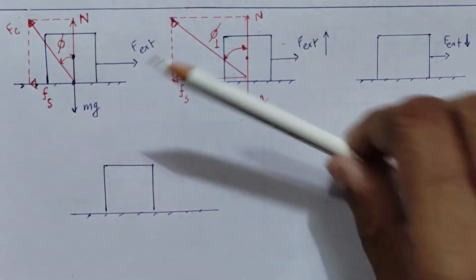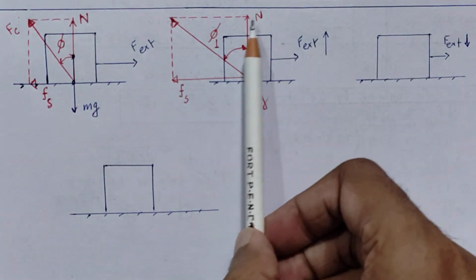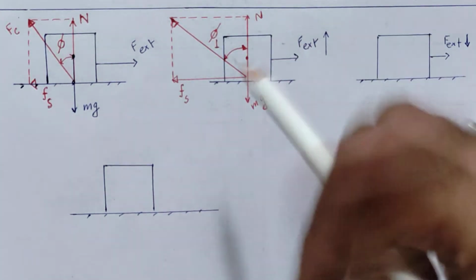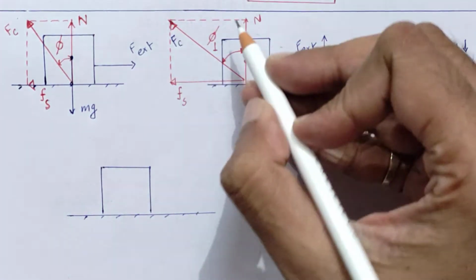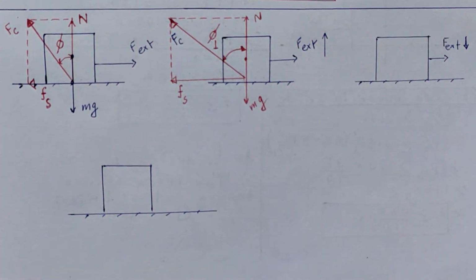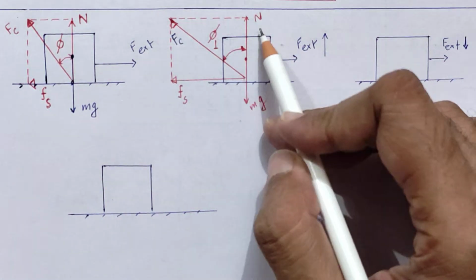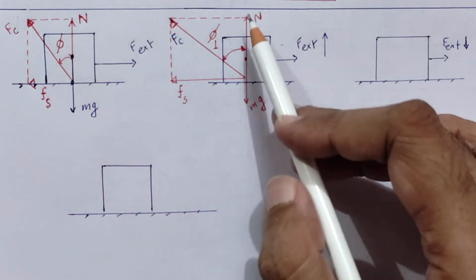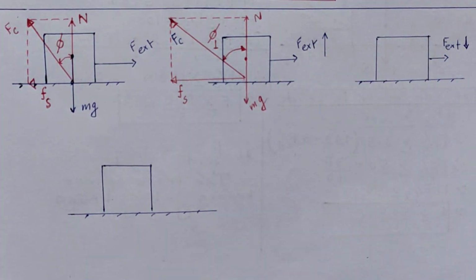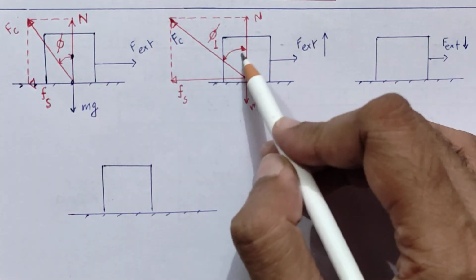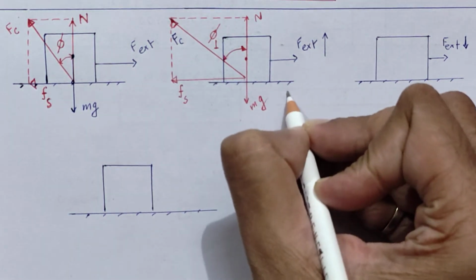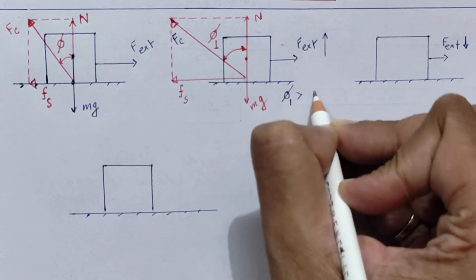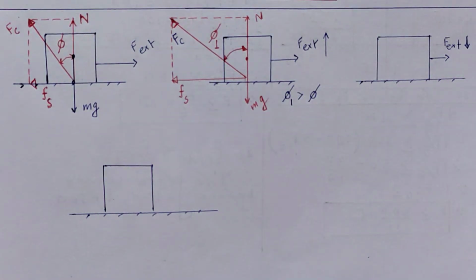So evidently, if this force increases, this contact force over here bends more towards the greater force, right? So Fc, which is the contact force, the resultant of normal reaction and the static friction, bends more towards the force of friction, and as a consequence, this value of phi 1 is definitely greater than my previous case phi.